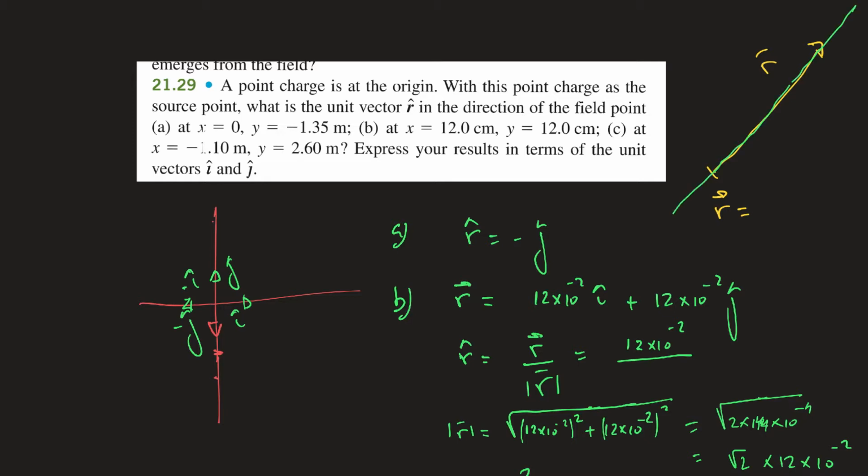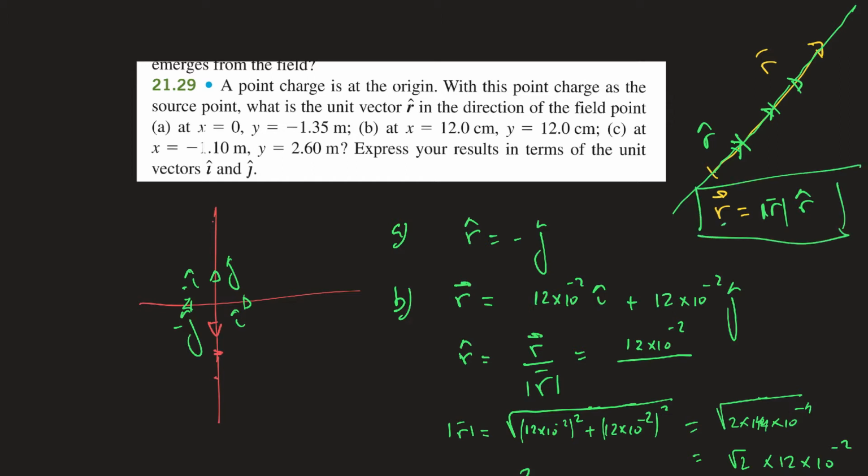So there exists a vector that I will call r with the cap, the unitary vector. And if you make it like this, r times the magnitude of the vector r in the direction of r, you will get the vector r.